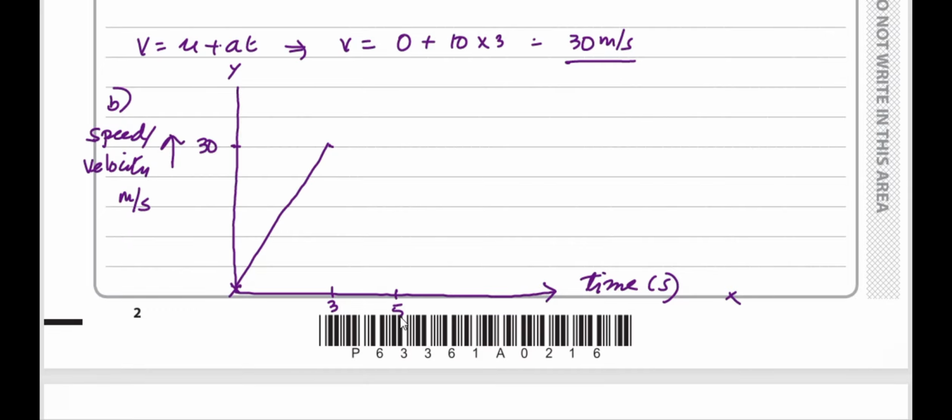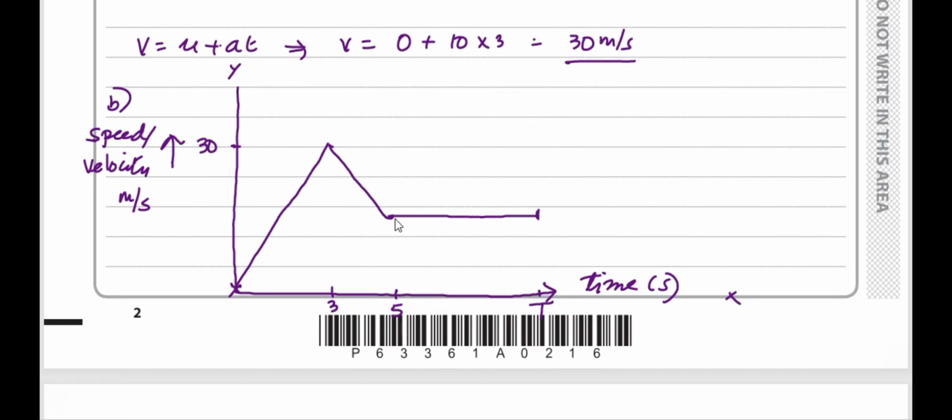So let's write 5 here. So she must be reaching some velocity here which we need to calculate now. And after that her velocity is constant until she reaches the ground. So that is capital T here.